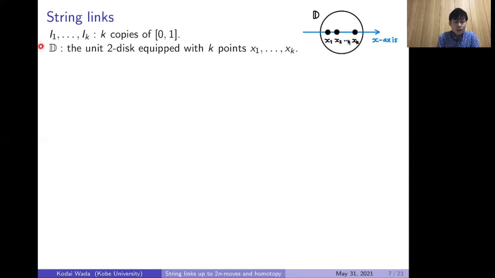Let D be the unit 2-disk equipped with k points x1, ..., xk. In particular, we choose these k points to lie in order on the x-axis, like this: x1, x2, ..., xk.